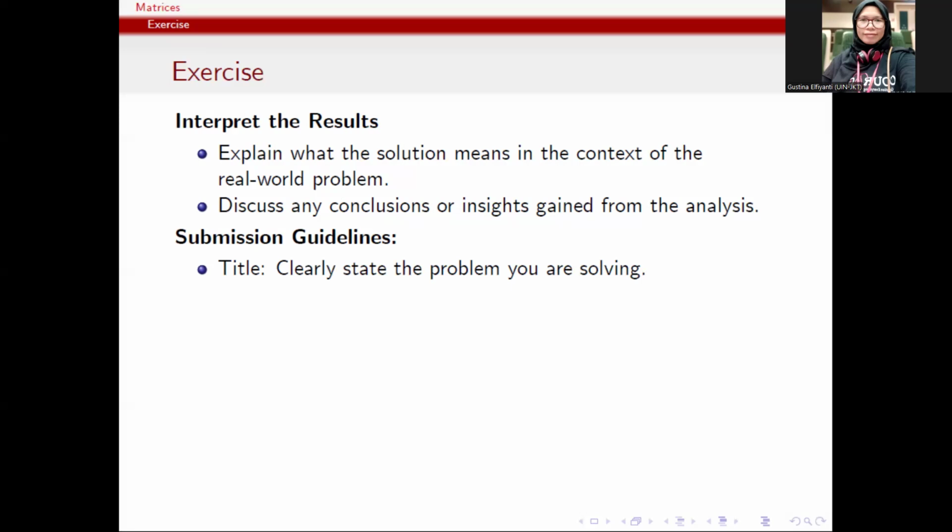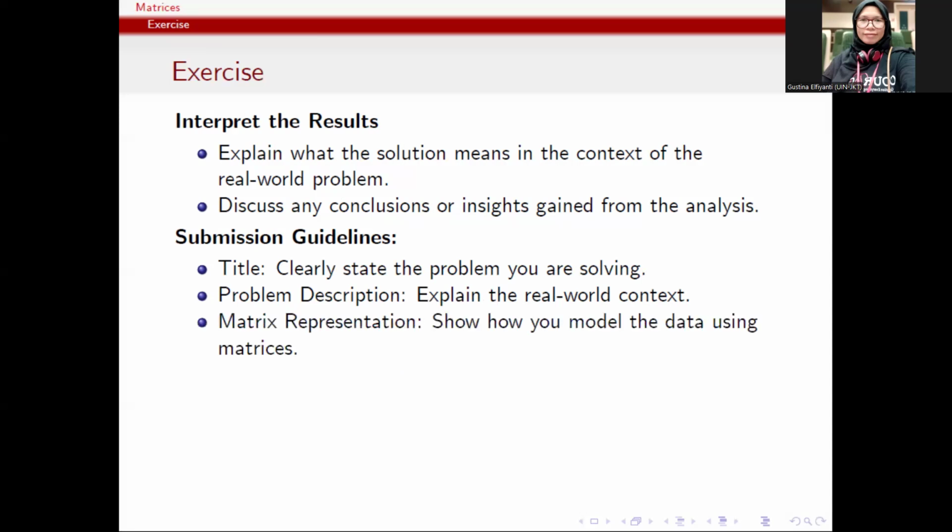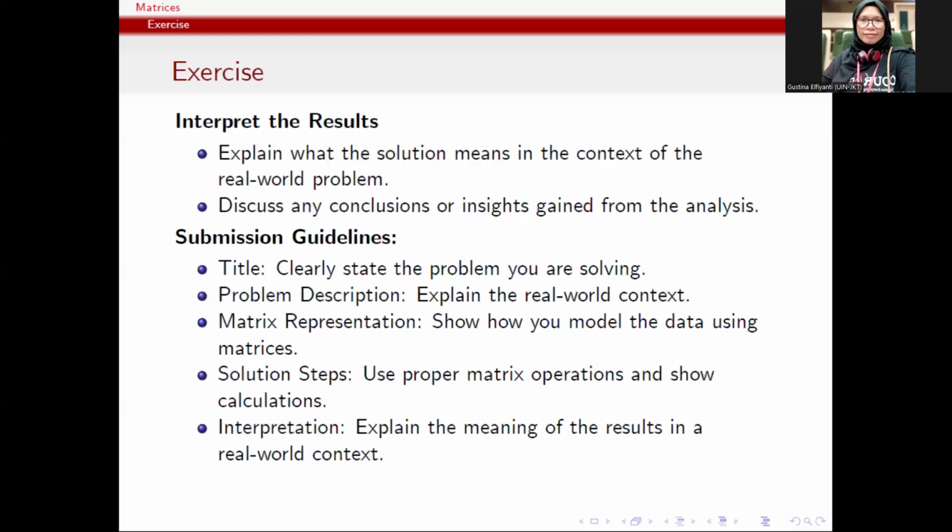And for the submission guidelines, for the title, clearly state the problem you are solving. For the problem description, explain the real-world context. For matrix representation, show how you model the data using matrices. For solution steps, use proper matrix operations and show calculations.